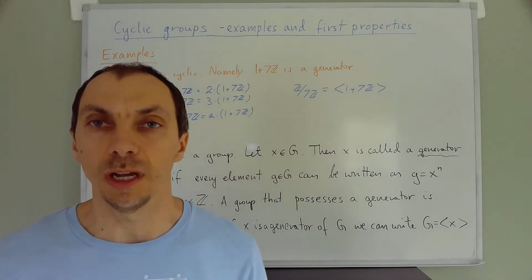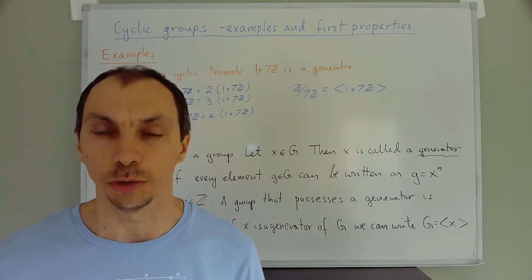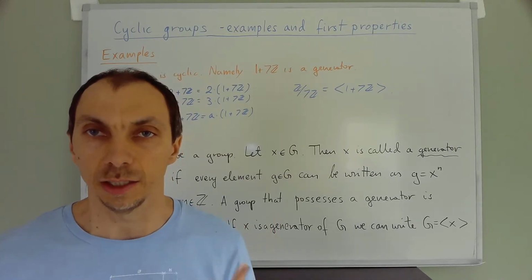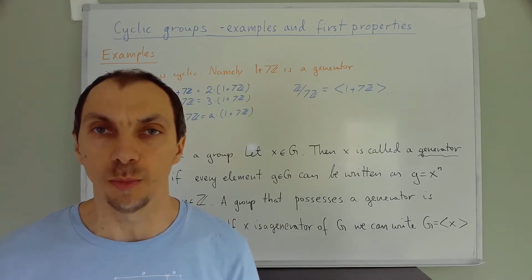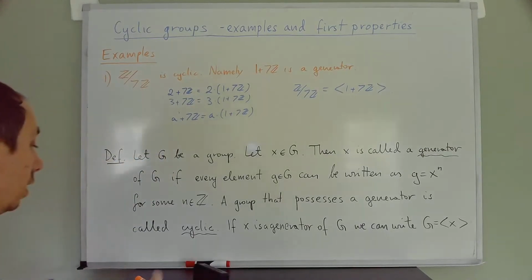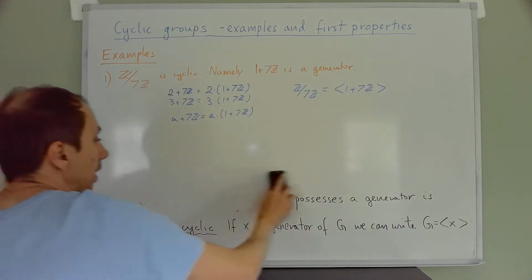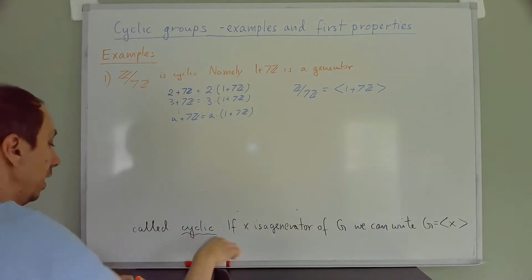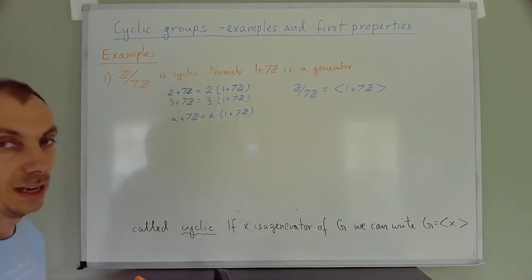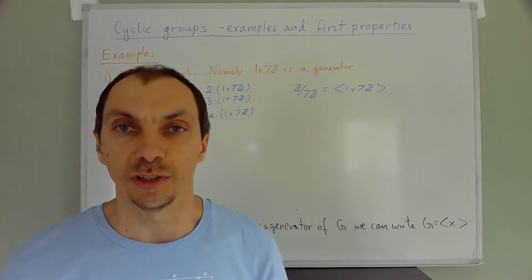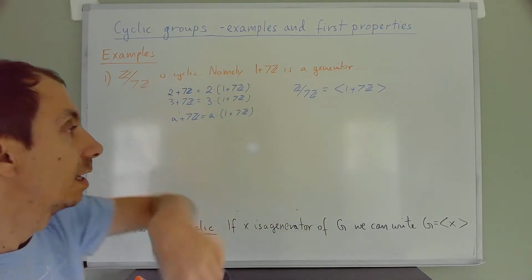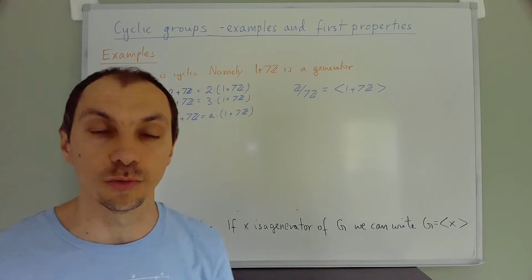Even though exhibiting one generator for a group is enough to show that it's cyclic, in fact, a cyclic group can have more generators than just one. So an interesting thing to notice about this group is that, in fact, every non-zero element in this ring would be a generator for this as a group.